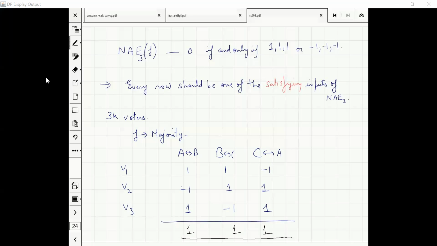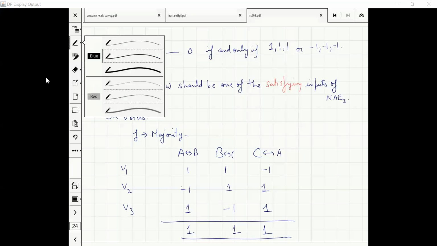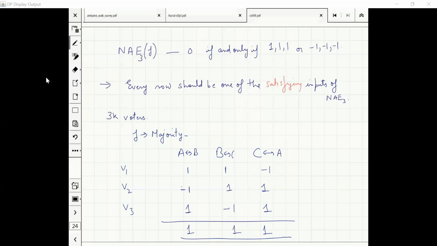It's basically saying that I have picked my voters in such a way that there is a symmetry, as you were trying to do, right? You had 3K voters and you said K of them would prefer A over B, then K voters prefer B over C. I have just taken the preferences so that A, B, and C are symmetric. Hence, clearly, no one should win by an argument of symmetry. So this is an example where all voter preferences are valid. Correct? All three are valid voter preferences or valid rankings.